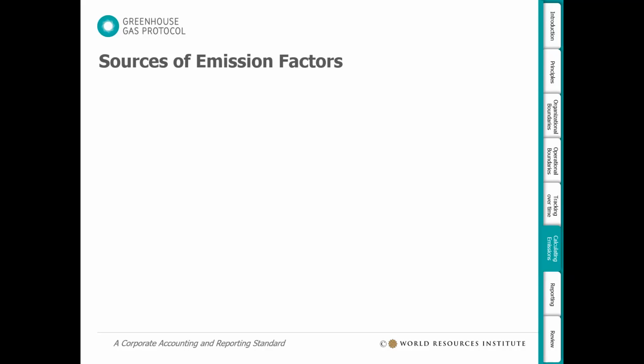Although not all sources can use that process, companies with large stationary combustion sources or other large sources that represent a significant chunk of their overall inventory may find it useful to develop site-specific emission factors because doing so can greatly improve the accuracy of their inventory.